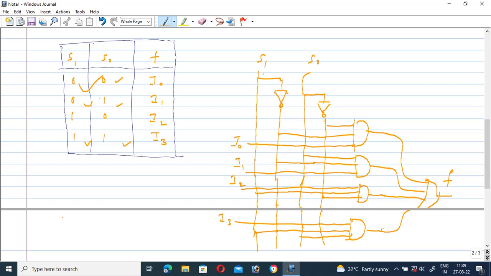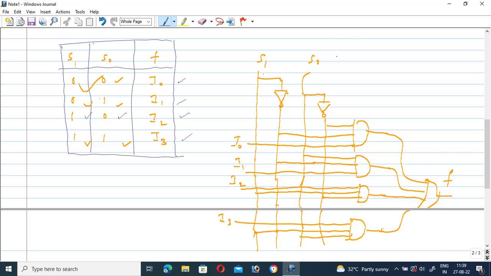In the third consideration, when S1 is equal to 1 and S0 is equal to 0, it selects the I2 value. This is a possible consideration. Based on this process it selects the corresponding value.